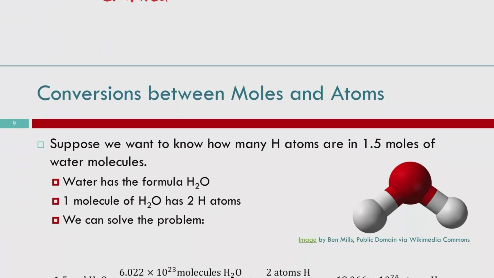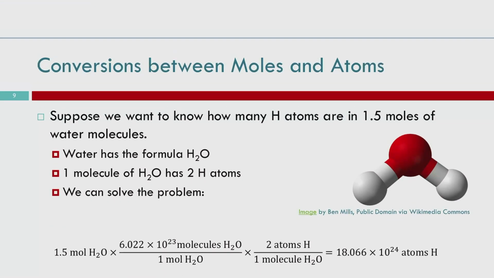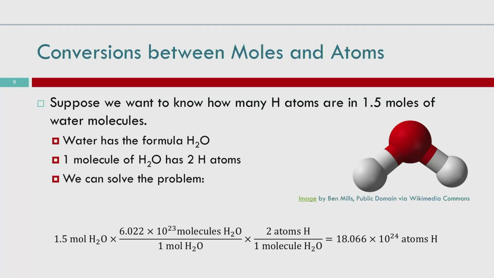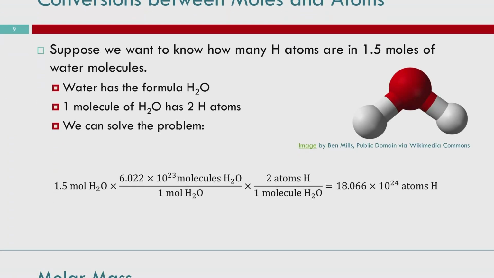Great. What if we have 1.5 moles of water molecules? That's a lot more water molecules. Water still has the formula H2O. 1 molecule of H2O still has 2 hydrogen atoms. And so we can solve the problem now with 2 steps. The first step that we might use is to convert moles to molecules.